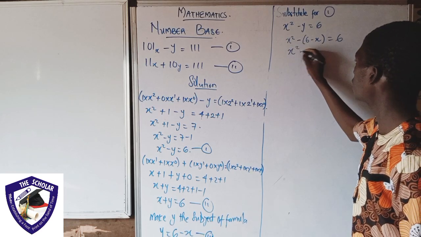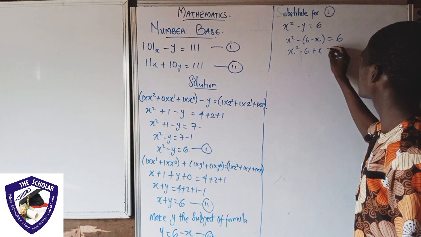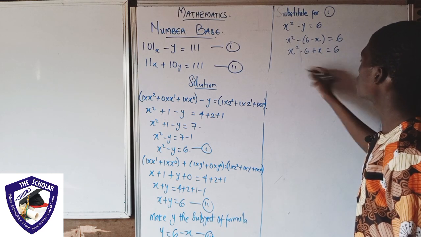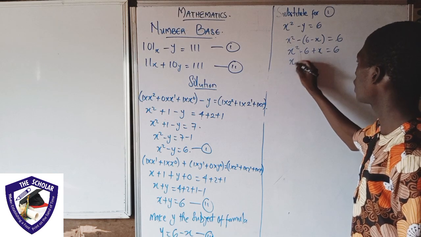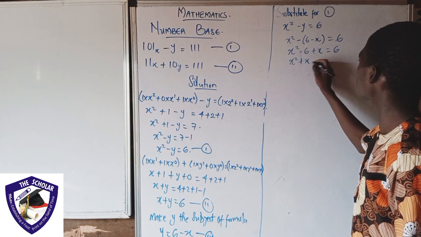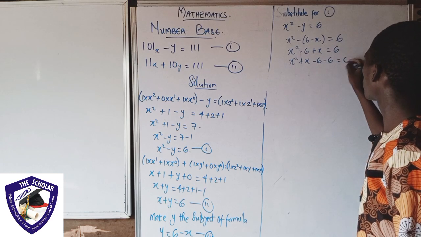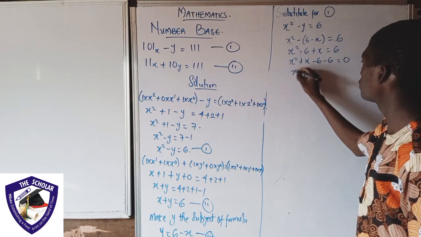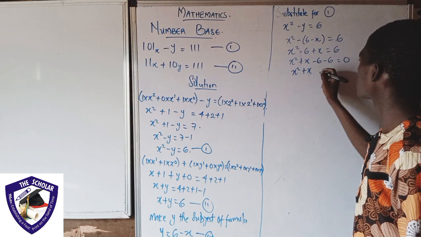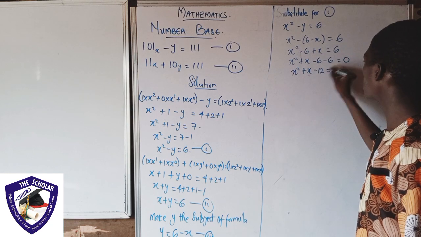So I have x squared minus 6 plus x equals 6. So I simplify it: x squared plus x minus 6 equals 6, so x squared plus x minus 12 equals 0.